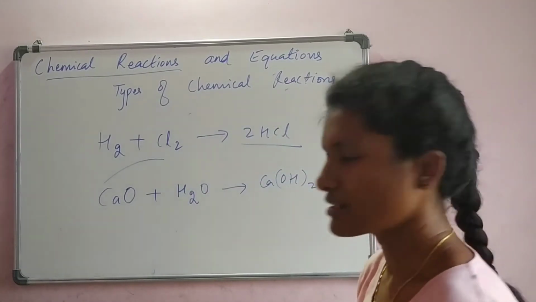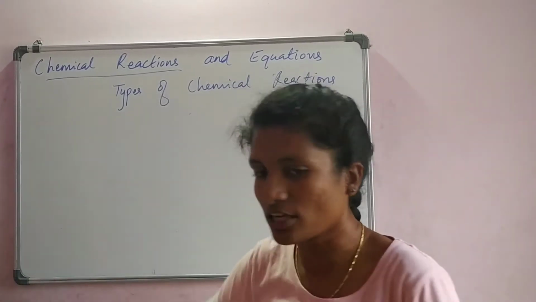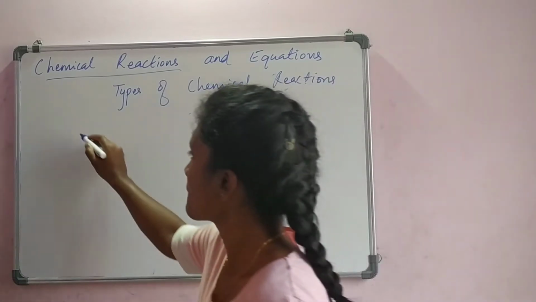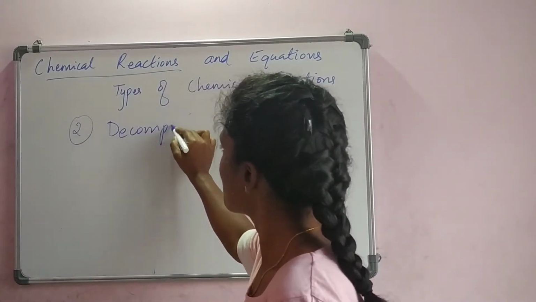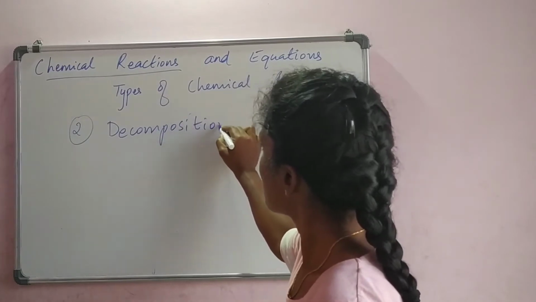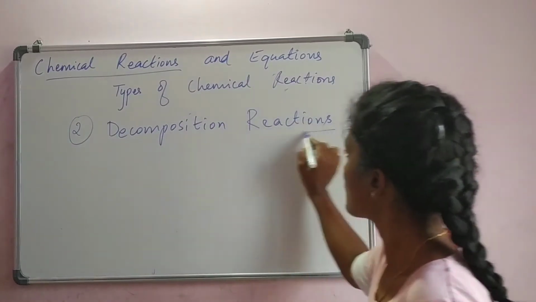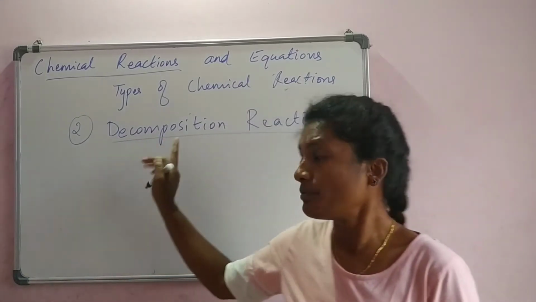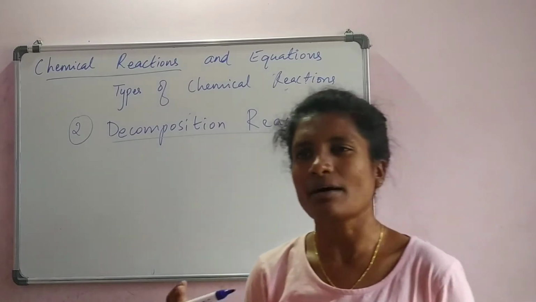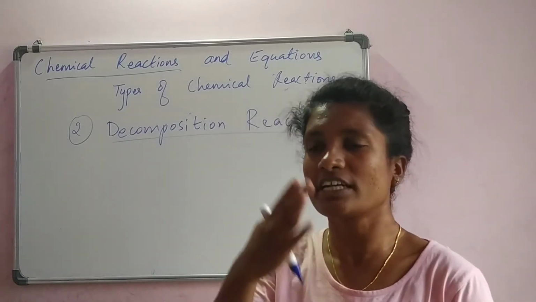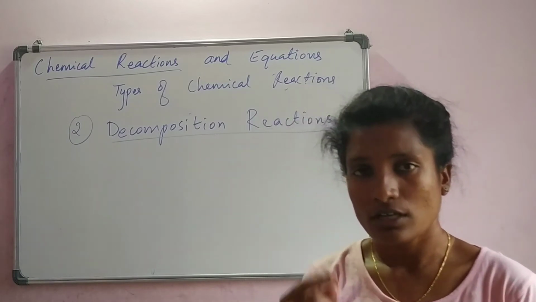We will move on to the next type of chemical reaction, that is decomposition. Okay, so please understand this word decompose. Something was combined, now it is being decomposed, which is being removed.